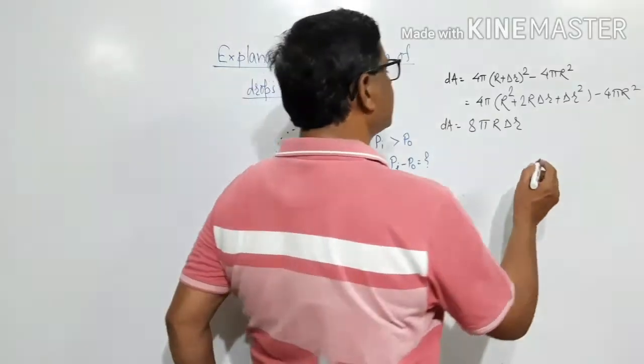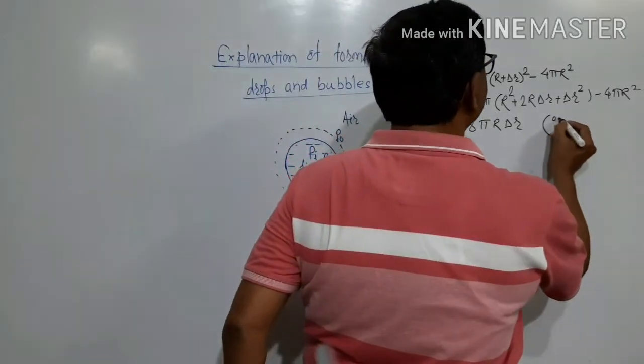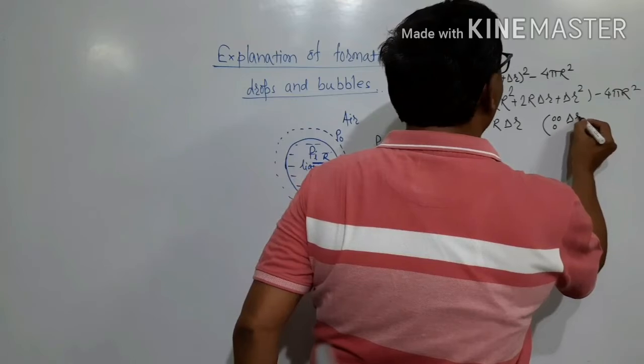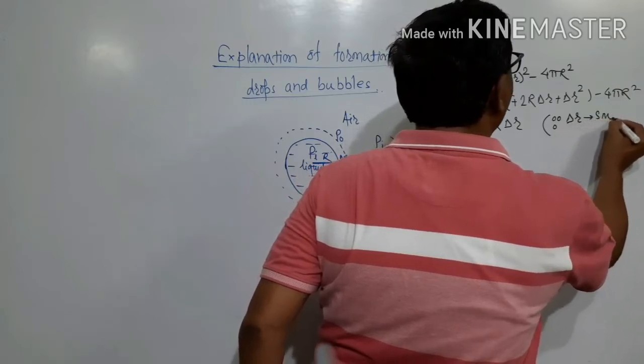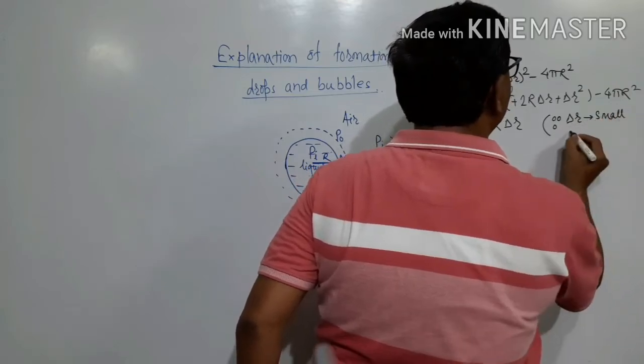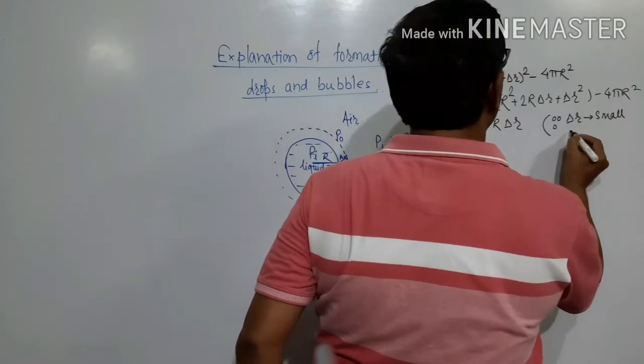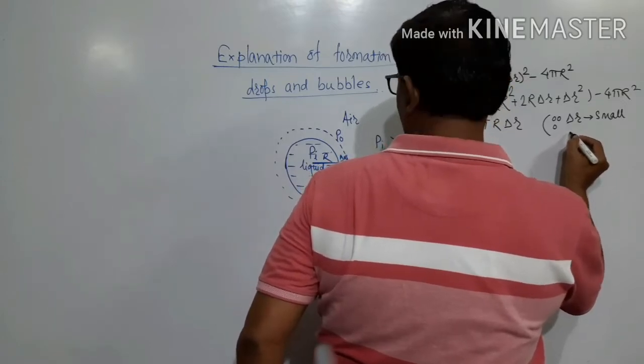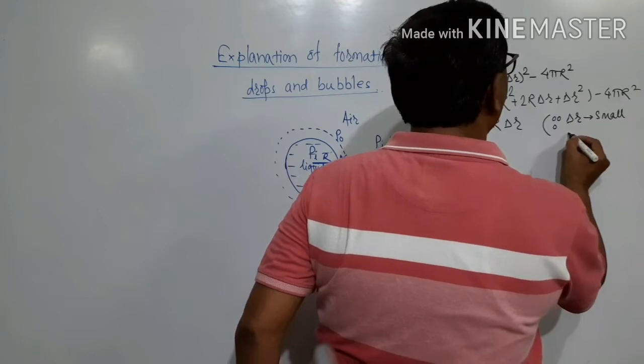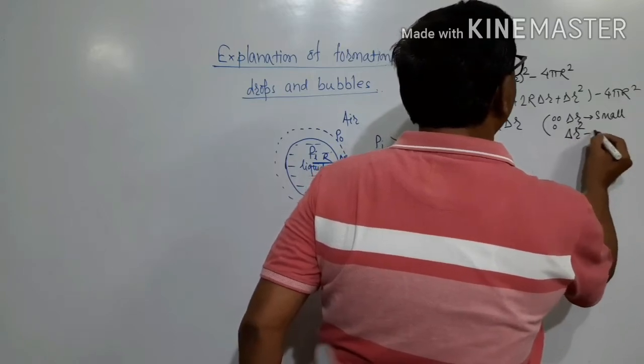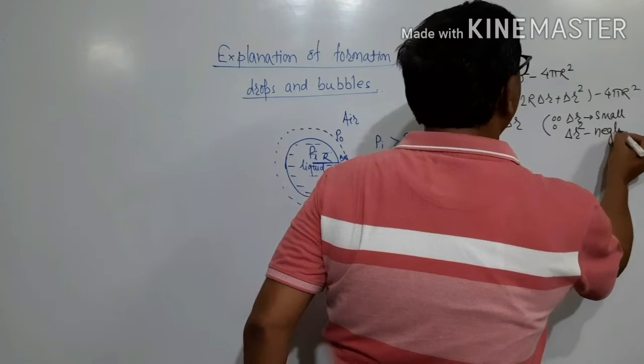Here what we see is that since delta R is small as compared to the radius, delta R square is negligibly small.